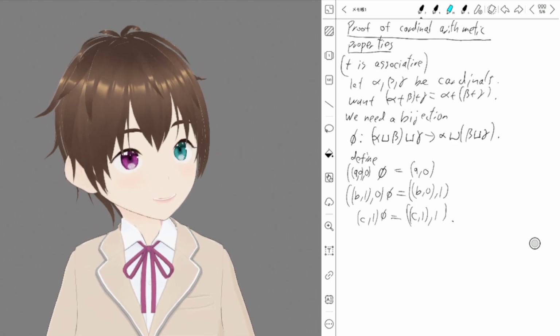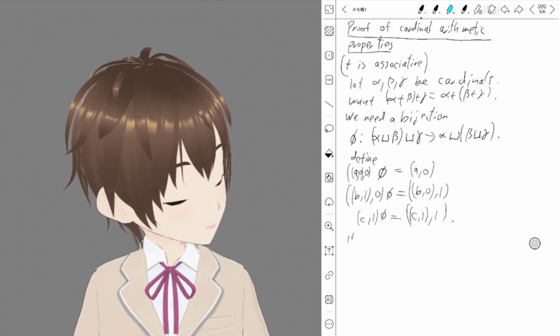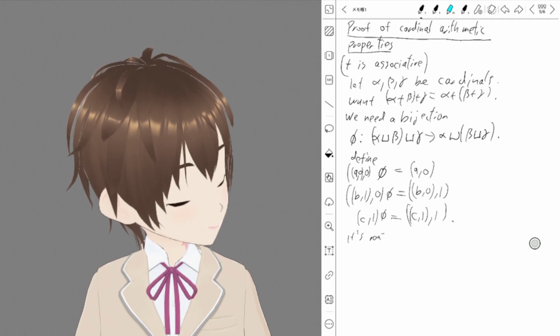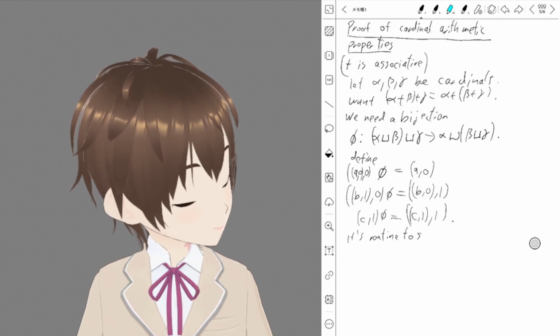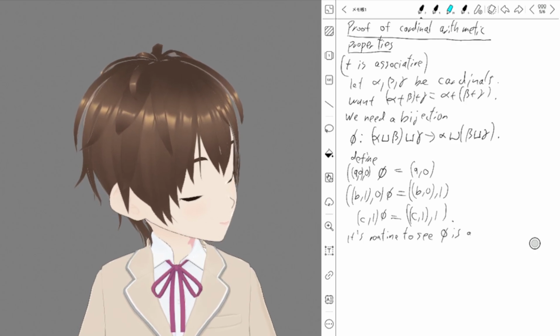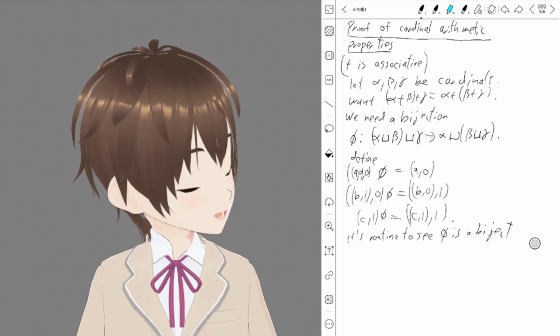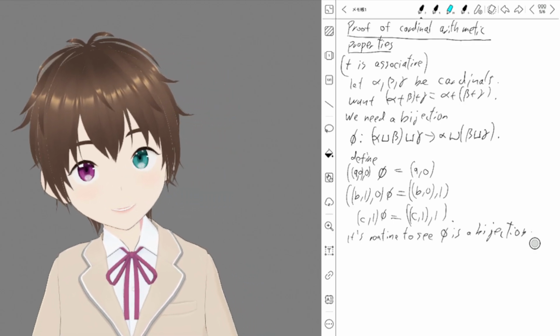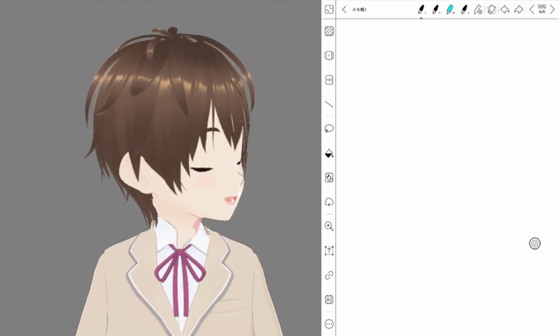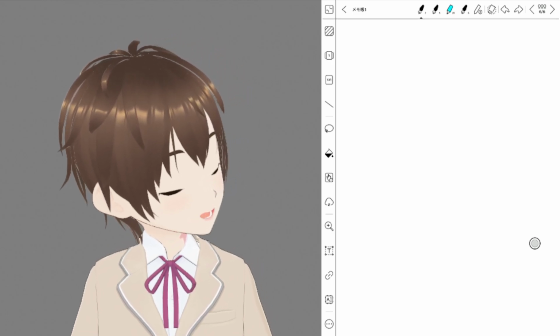And this is a bijection. It's routine to see that this is a bijection. So these two cardinals have the same size, and so they're the same cardinal. Okay, next I need to do that plus is commutative.